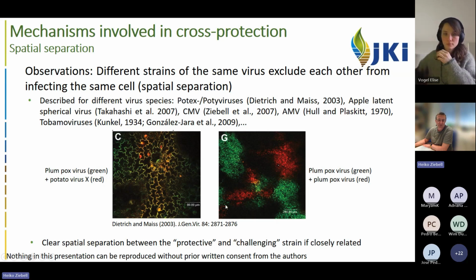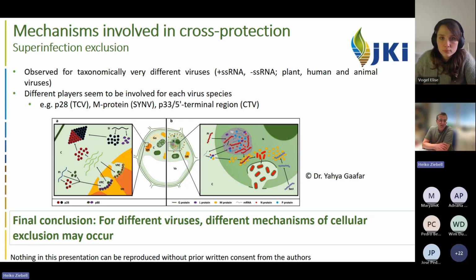And this spatial separation has been observed for many different virus species: potex and potyviruses, apple latent spherical virus, CMV, AMV, and also tobamoviruses. This spatial separation is also sometimes referred to as superinfection exclusion, and that has also been observed for many taxonomically different viruses with different genomes, also in the human and animal virus world. And it seems that for each virus species, there are different players involved.